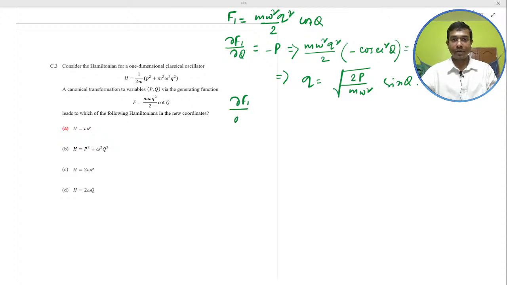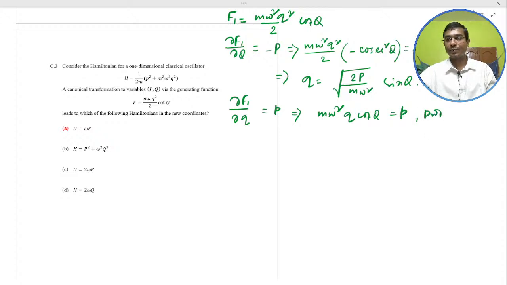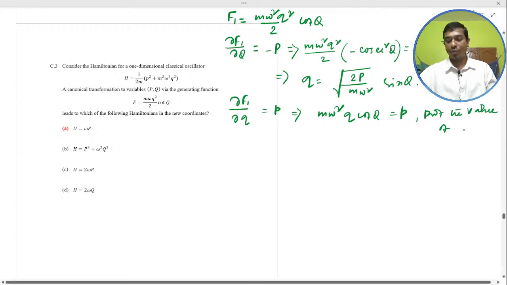Now, del F1 del q is the small p, that implies, just do the derivative and calculation, p equals m omega q cot Q. Put the value of q. q is what?